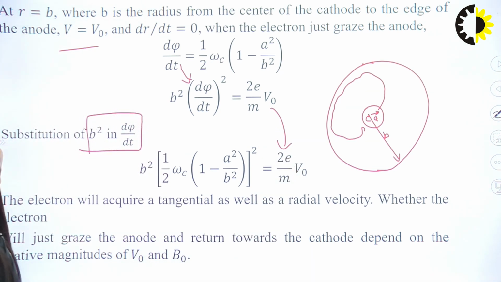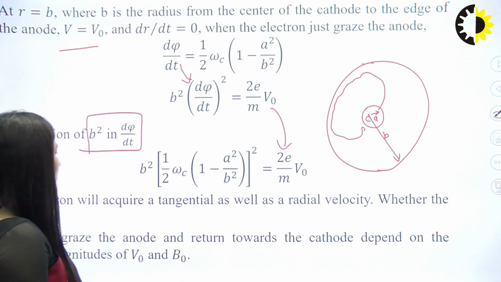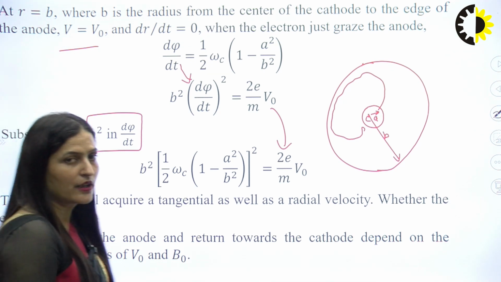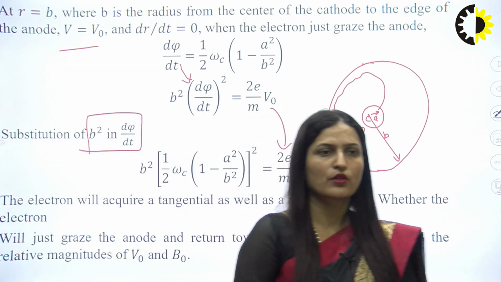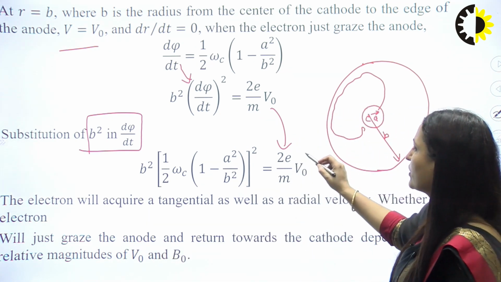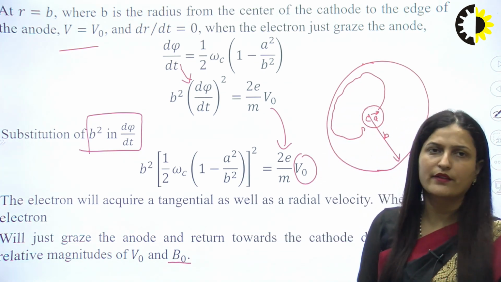So the electron will acquire a tangential as well as a radial velocity. Whether the electron will just graze the anode and return towards the cathode depends on the relative magnitude of V naught and B naught. B naught is your external magnetic field which is applied.